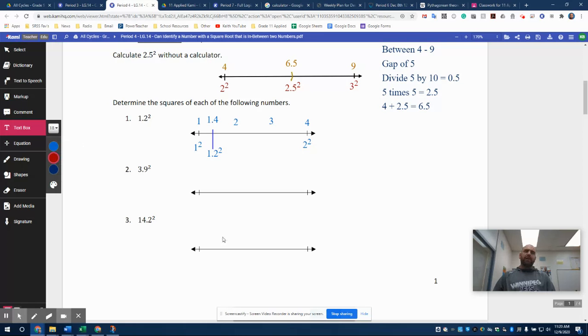Let's try 3.9. Now, you notice 3.9 is going to be really close to one side, just like 1.2 was. So I'm going to put 3.9 squared here on the bottom. It'll be somewhere there. The one right below is 3 squared, and the one right above is 4 squared.